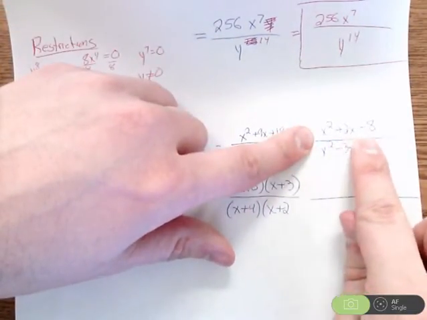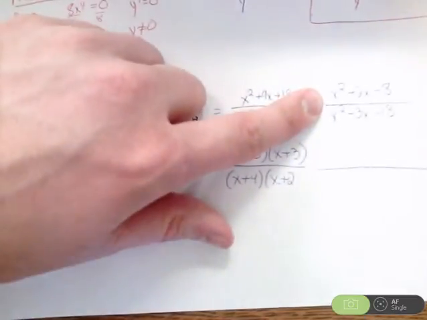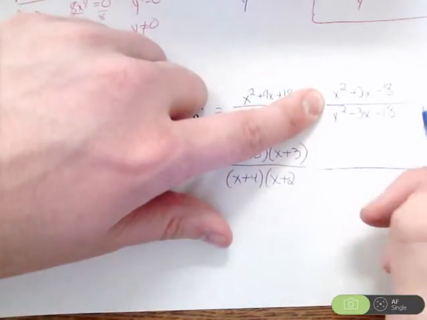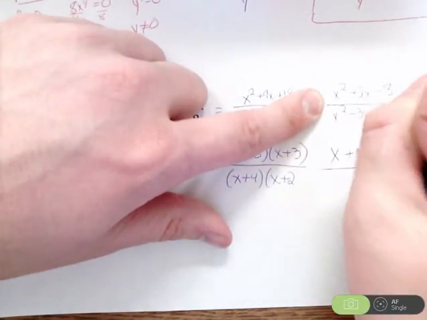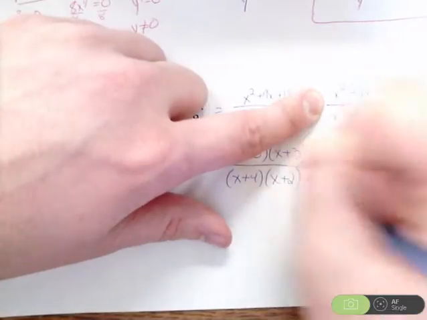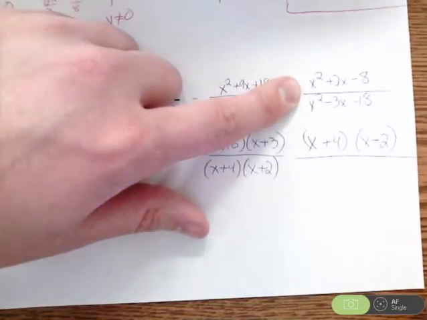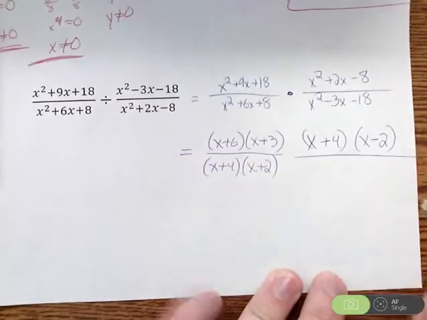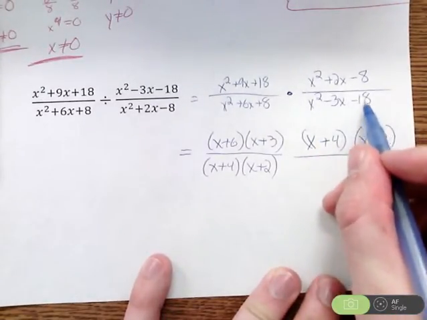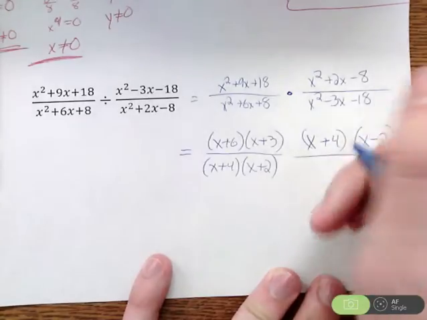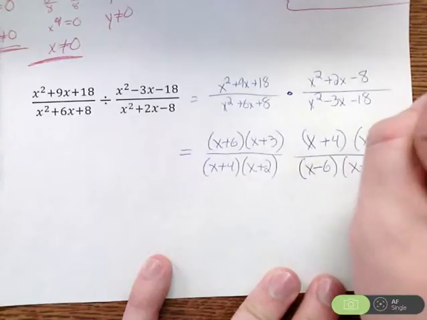X squared plus 2x minus 8, two numbers that multiply to negative 8 but add to 2 is x plus 4, x minus 2. And then x squared minus 3x minus 18, two numbers that multiply to negative 18 but add to negative 3, x minus 6, and x plus 3.